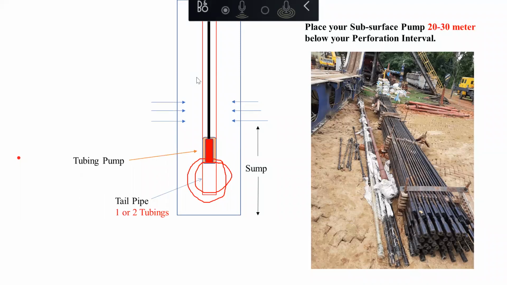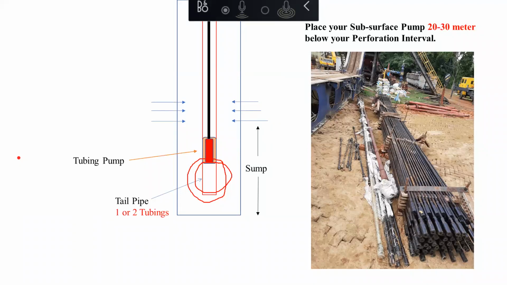After that, you are going to adjust your polish rod by using your pony rod. This pony rod is used for adjusting your polish rod with your sucker rod, because your sucker rod is of 25 feet. If your depth is, let's say, 2,000 meter, at that time you cannot only use your sucker rod, because some part will be remaining or some part will be a little bit shorter, like maybe 19 feet.